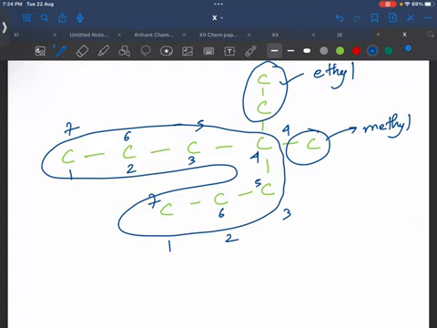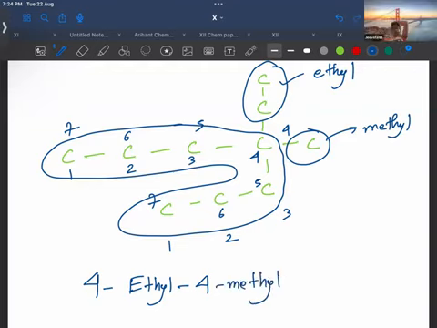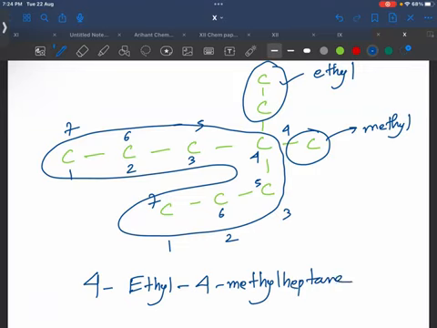Whenever you have different substituents, they are arranged according to their alphabetical order. So first would be ethyl, then methyl. So what will be its name? See, 4 ethyl 4 methyl heptane. Everyone understood? Yes, sir. See, if this carbon were not there in both places, then what would its name be? 4,4 dimethyl heptane. Understood? But we have an ethyl group here, so we have to be careful.